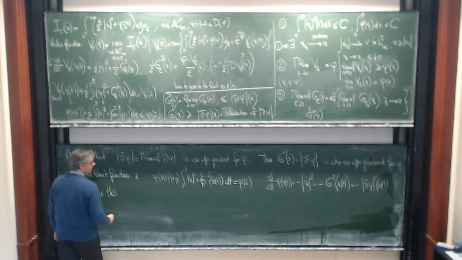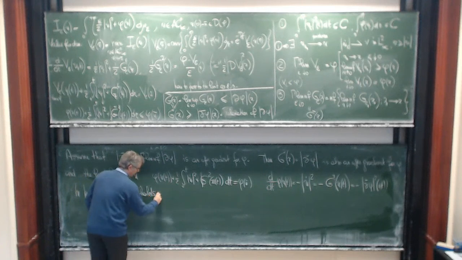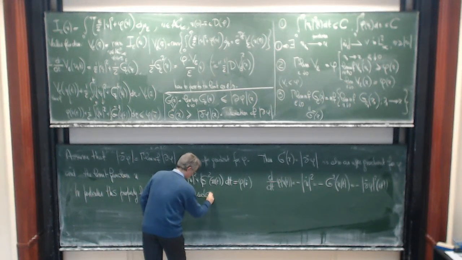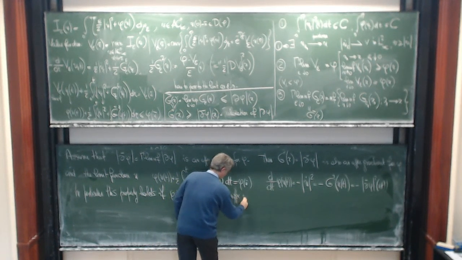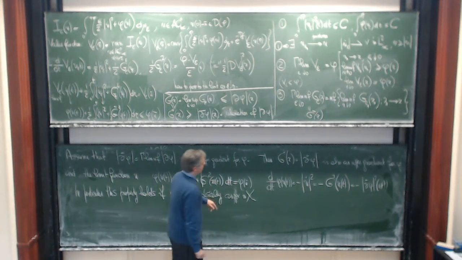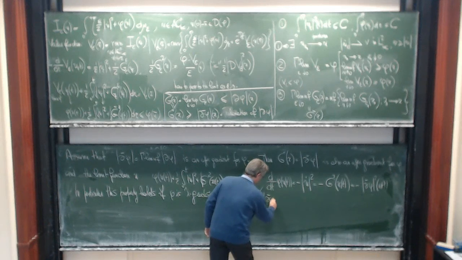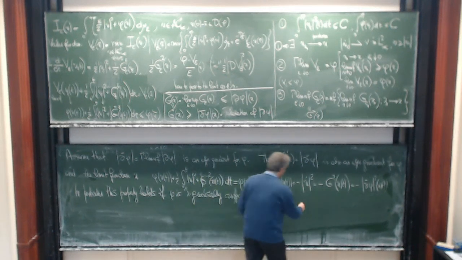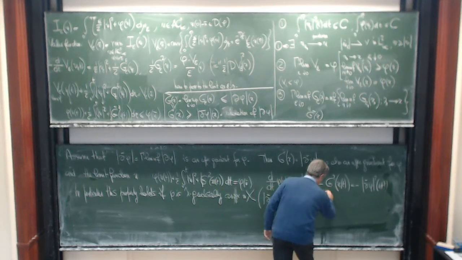In particular, this property holds if phi is lambda geodesically convex in X. So for a lambda geodesically convex functional, the relaxed slope of phi always coincides with the slope of phi, which is lower semi-continuous, and so it coincides with the pointwise limit g of x, and it coincides with the relaxation g minus of x.